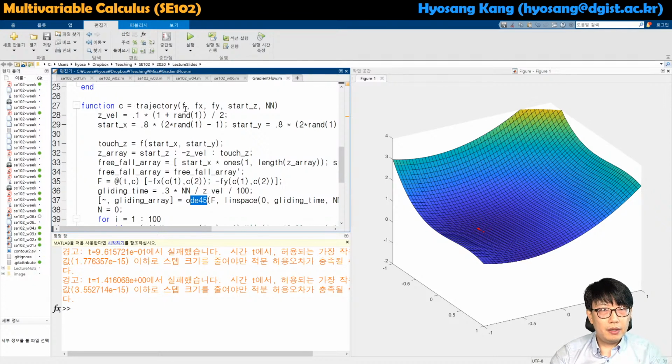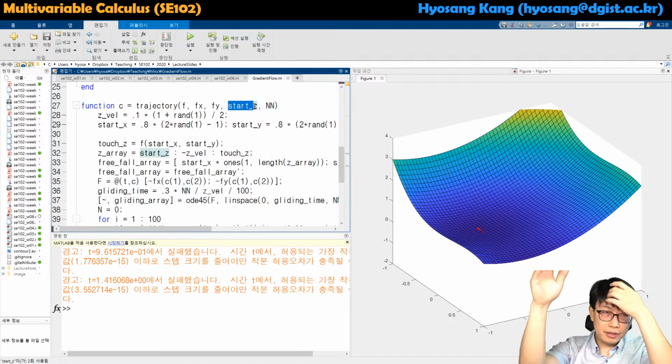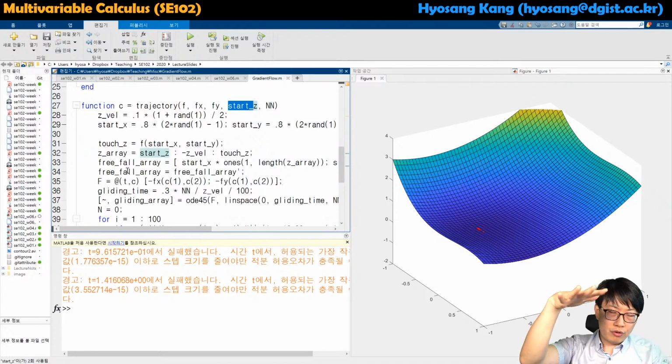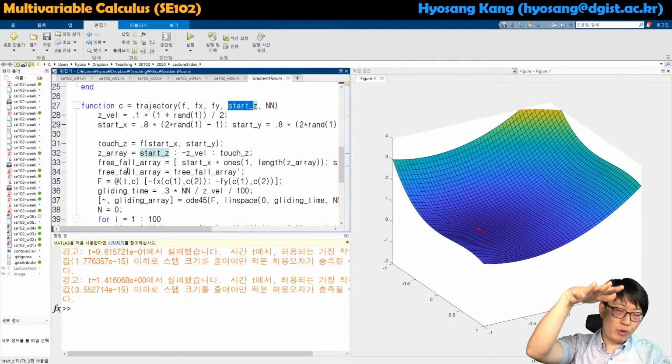So I was given a graph, the function which graphs this surface, the number of points, and the number of starting points, starting heights, when the water drop starts, and each water drop has a random velocity, okay, because it depends.